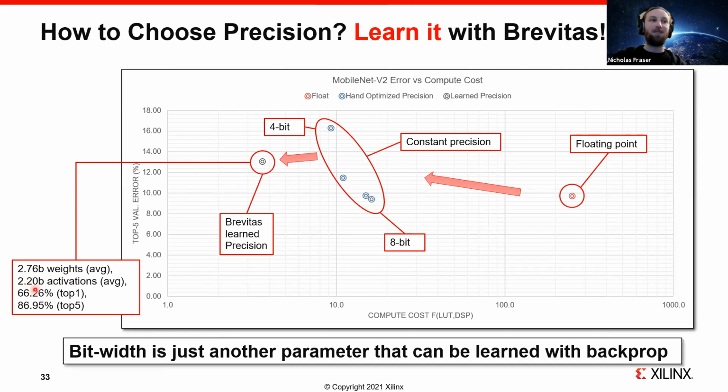The bit width of the activations is around 2.2, and we still get pretty decent accuracy. And those loss functions that I mentioned before allow you to make trade-offs between what this precision will be towards the end and what the accuracy will be. And we'll move things along this space automatically while you're training the neural network.